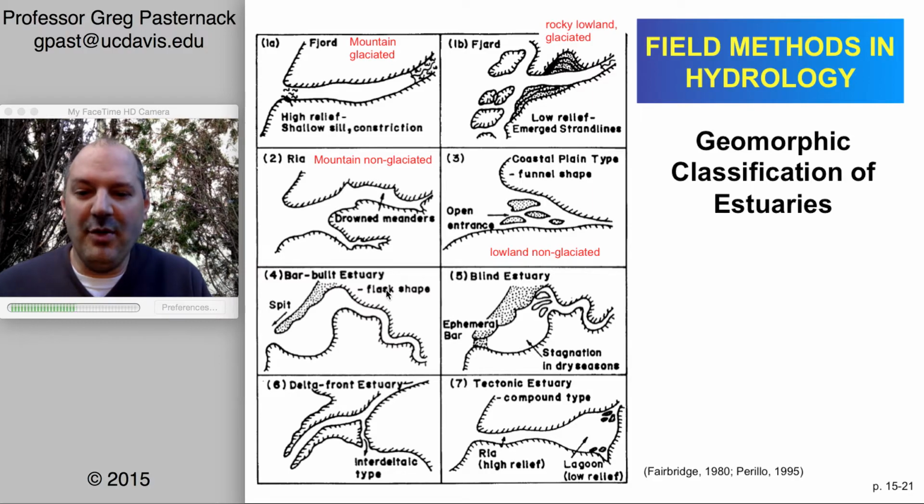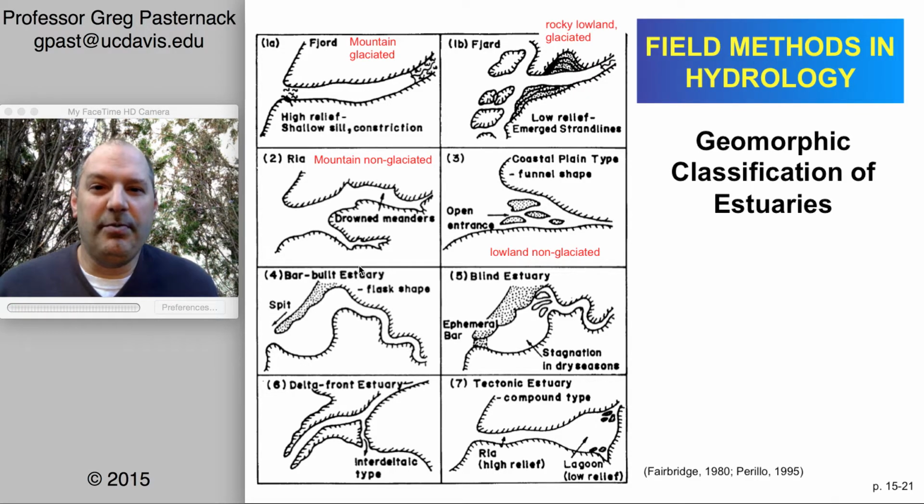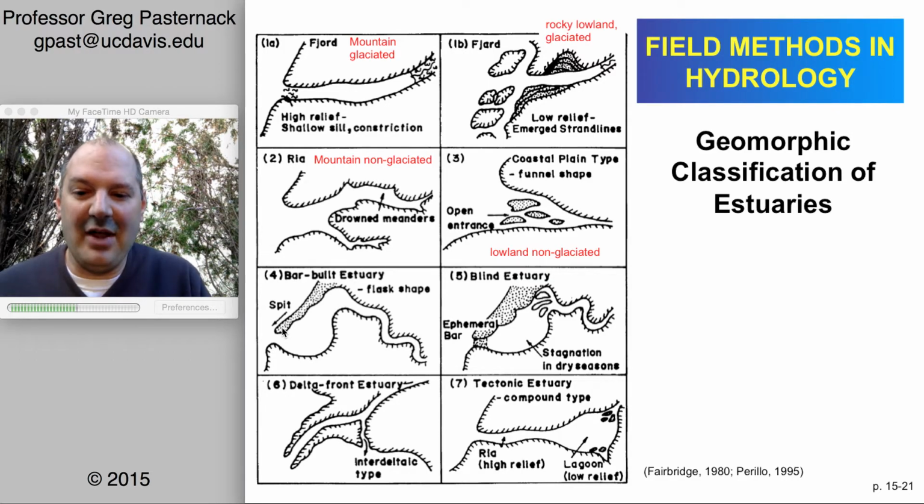Here in California, we have a lot of bar-built estuaries and blind estuaries. This is a case where the river drops out of the mountains fairly quickly, and you have very strong wave processes in the ocean presenting longshore transport of sand that can then block that off.